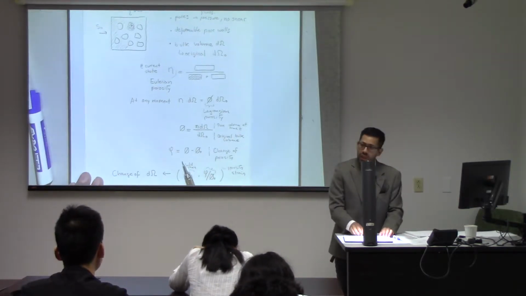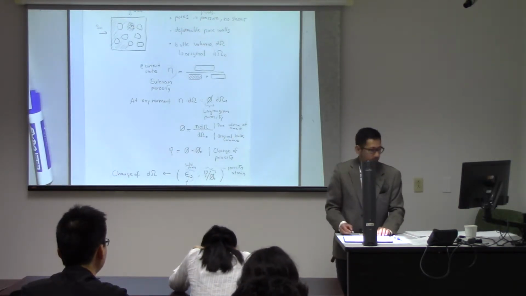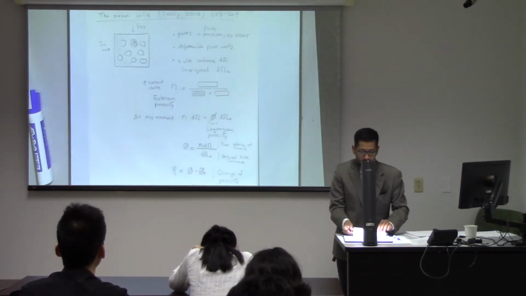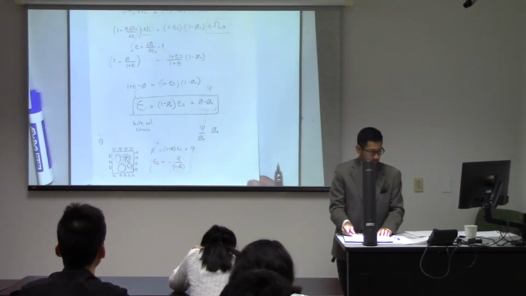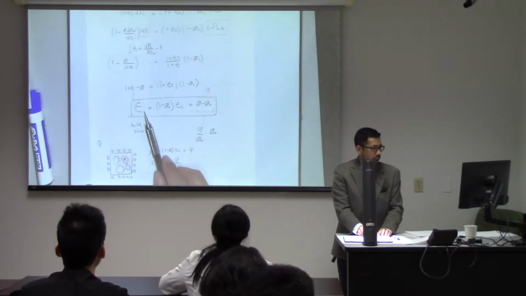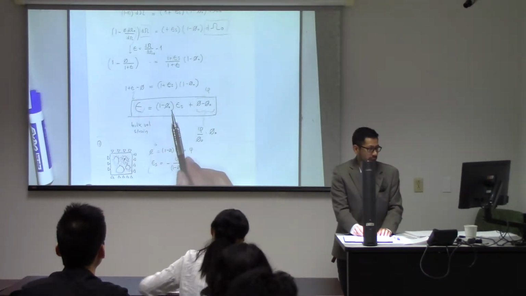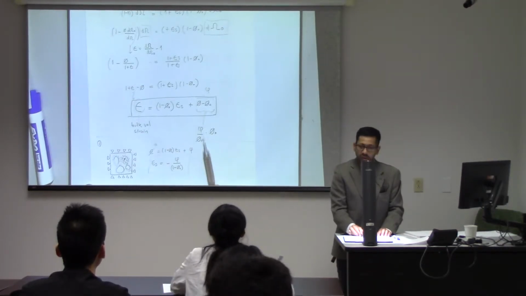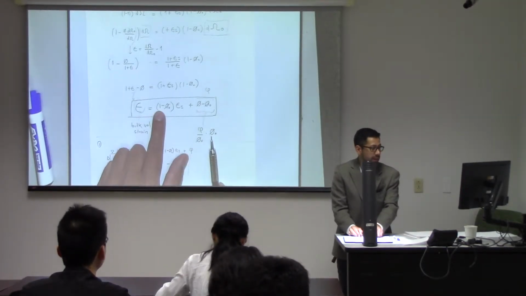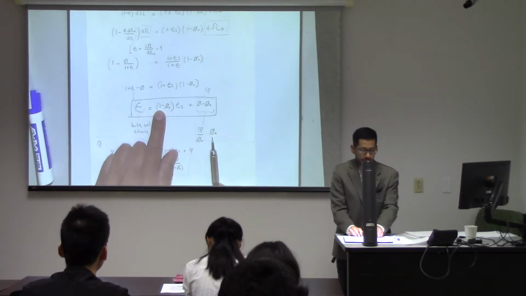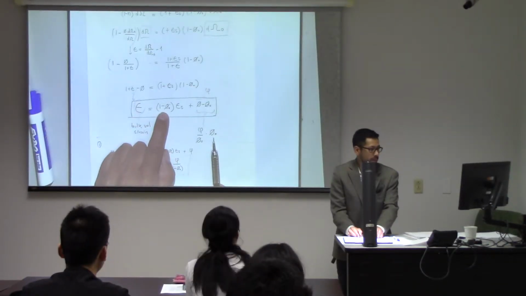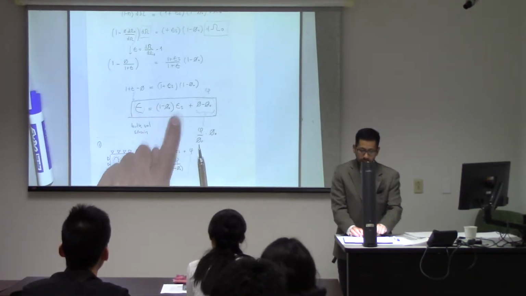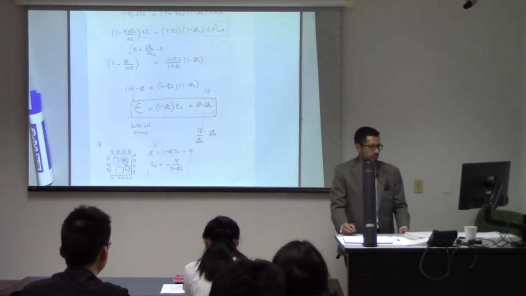We define also change of porosity and also work through the equations that allow us to compute the total bulk strain as a function of the solid strain and the porosity strain. And we found that that is simply a volume fraction equation of the solid part and the porosity part. So solid strain, porosity strain.